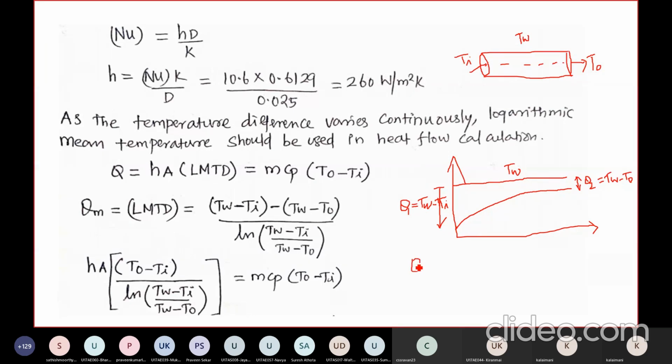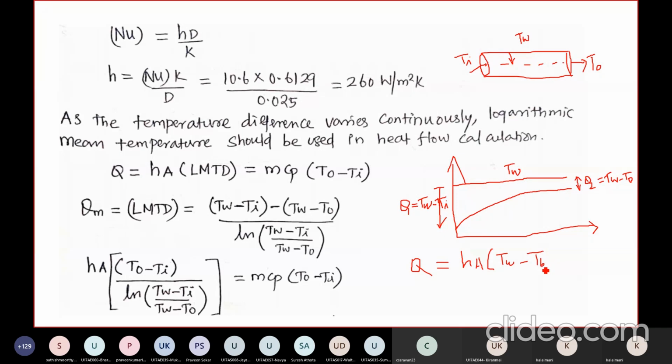Q, the amount of heat transferred from this surface to the fluid, is Q equal to hA (Tw minus Tb).